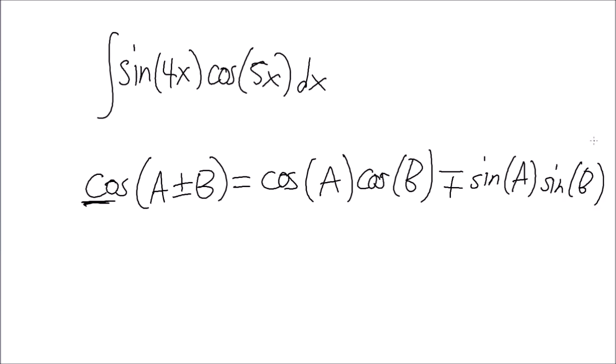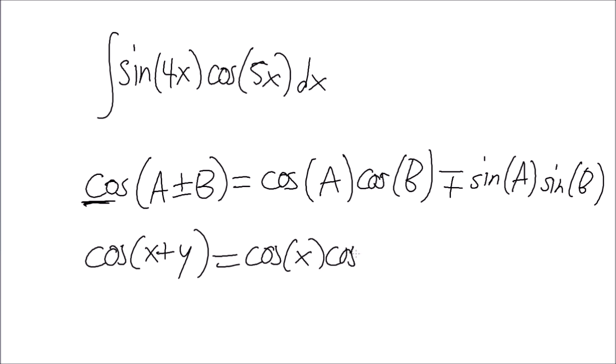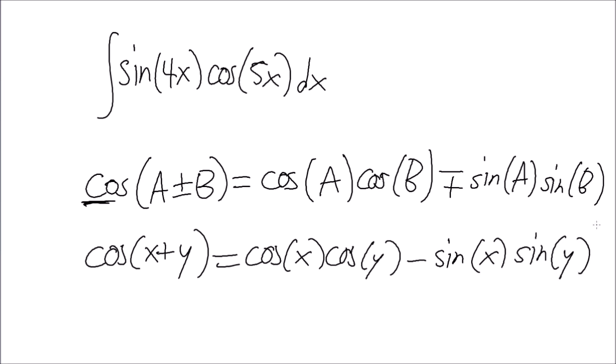So for cosine, it's cosine, cosine, sine, sine. So if I have something like cosine of x plus y, then this would equal cosine x, cosine y, and because it's plus, it would be minus sine, sine. Okay, so that's the trig identity.